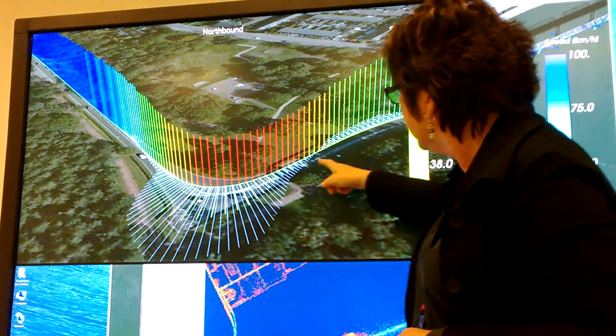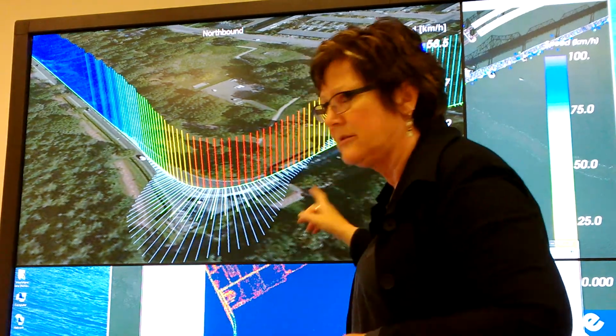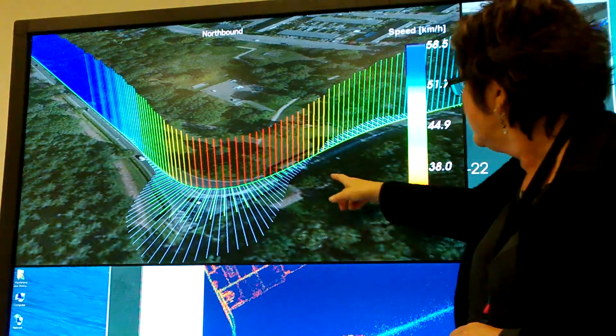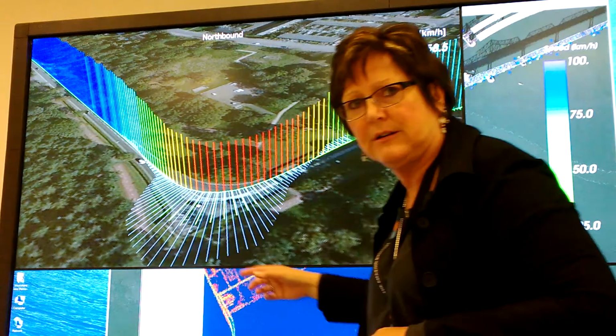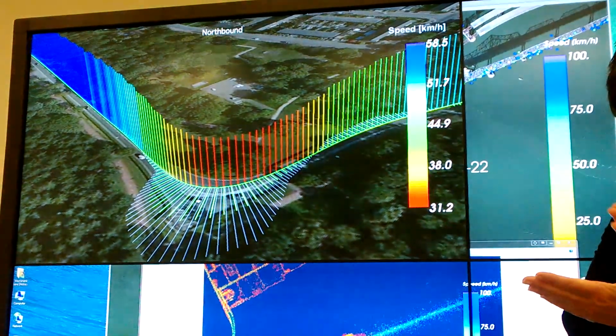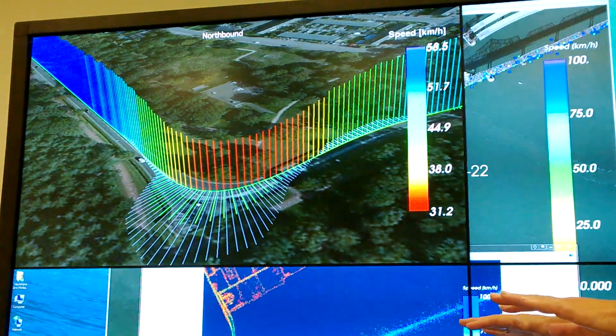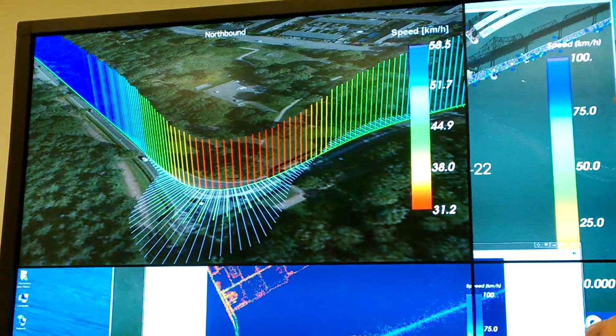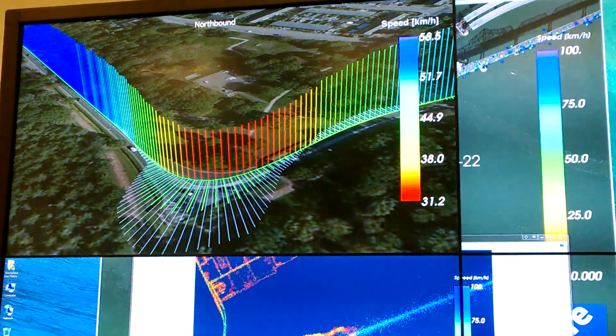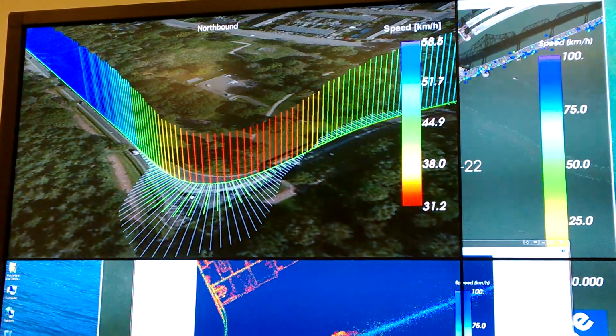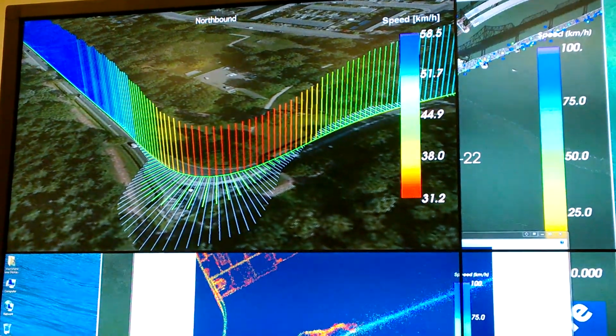What was interesting is we have a very dramatic curvature on the road itself. But in fact, when the people went through the curve, they had kind of a flattened lateral acceleration as they went through, which indicates to us that there's probably a comfortable lateral acceleration that people take curves at.